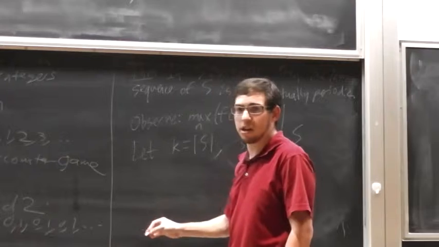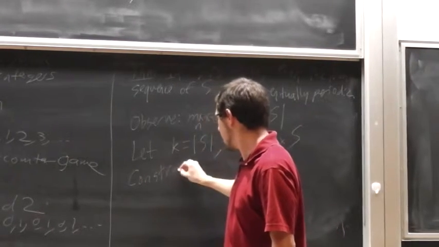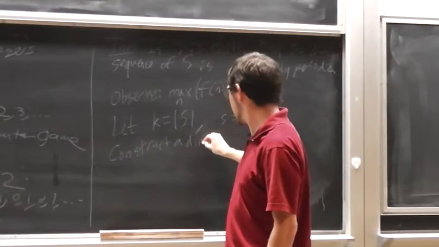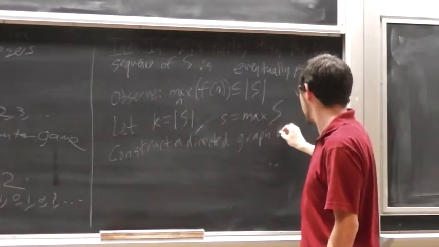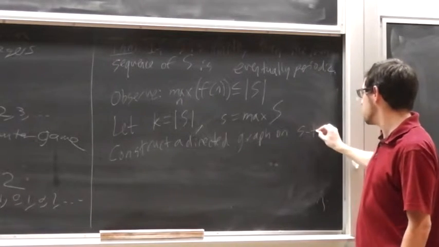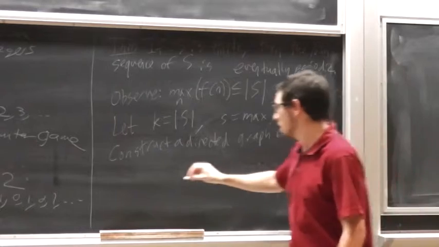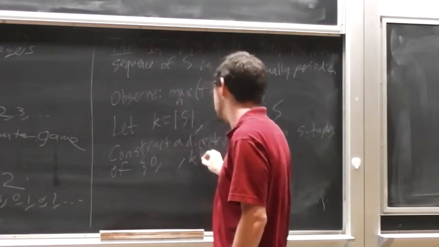And then we're going to construct a directed graph G. This is going to be a graph on s-tuples of integers from 0 to k.